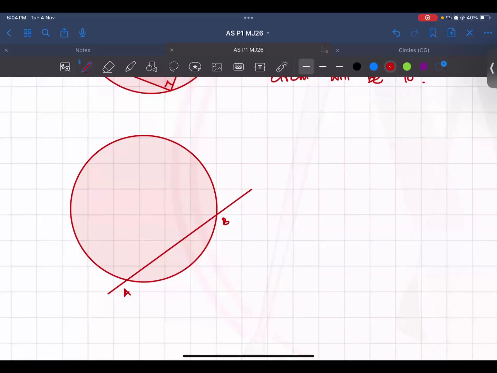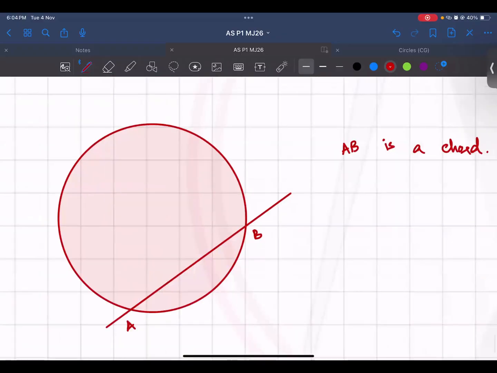Chord. A chord is a straight line passing through 2 points on the circle. Not the center. If through the center, that would become a diameter. Diameter is also a chord, a special chord. But a chord is simply a straight line passing through 2 points on the circle.